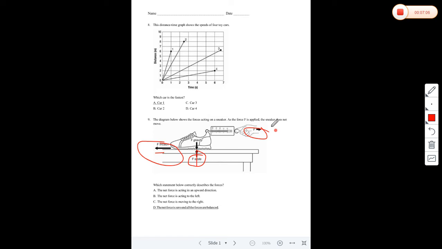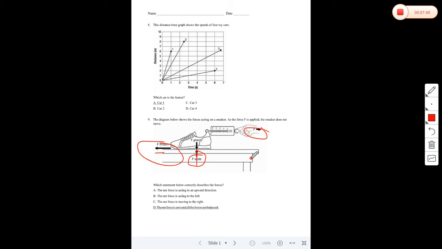The question: the sneaker doesn't move. Why doesn't the sneaker move? Maybe all of these forces are similar. For example, when we have two same forces, two persons, one of them pushes you from the left side and the other one pushes you from the right side.